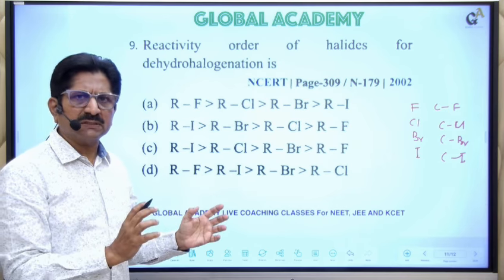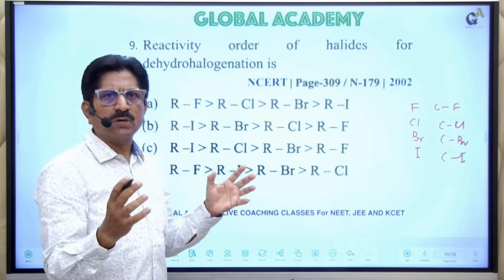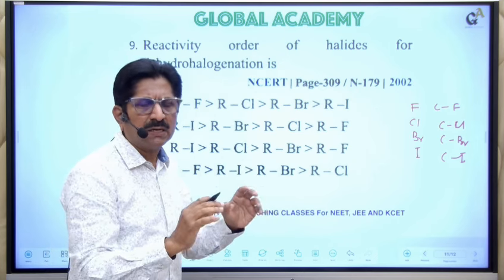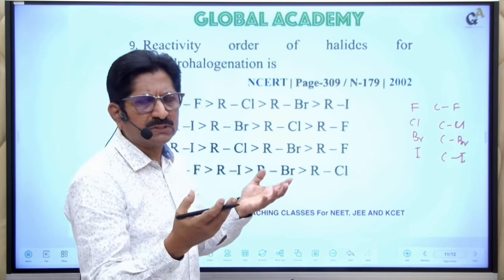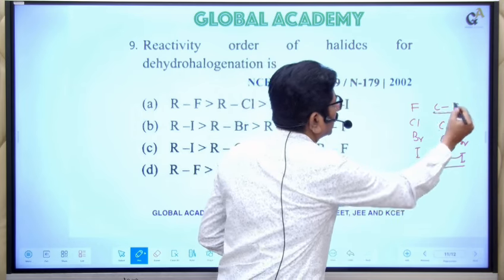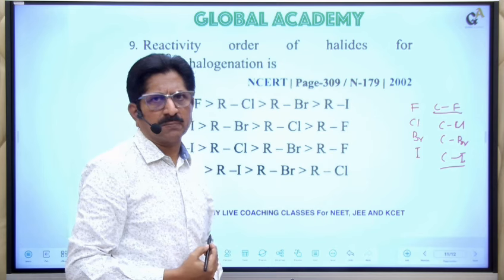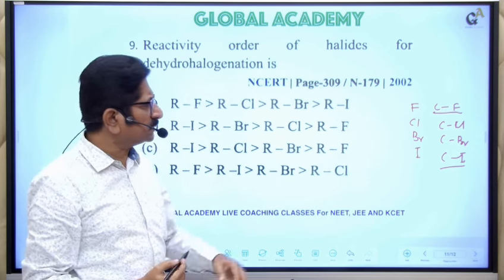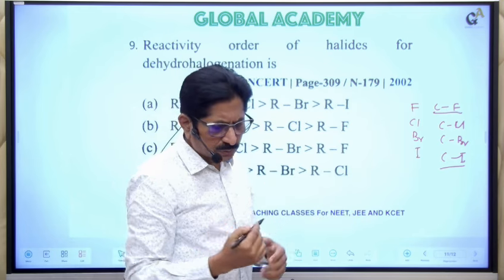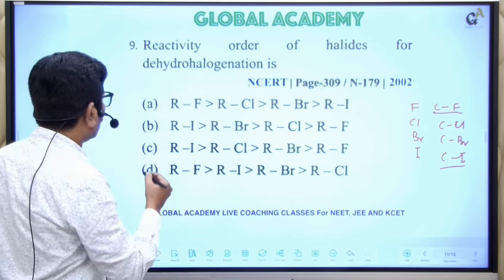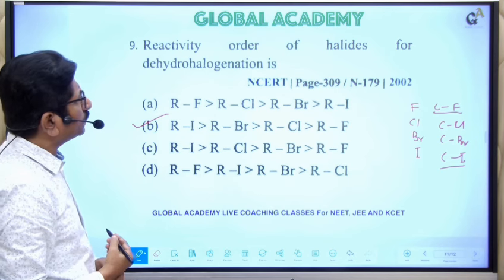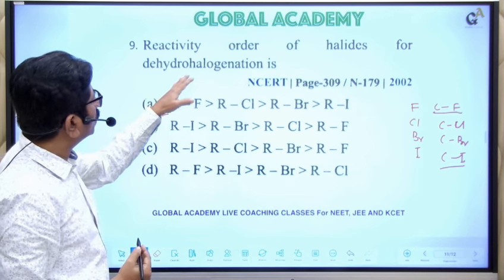Because the bond length is more, the bond enthalpy required is less for this compound compared to the fluoride compounds. Because of that reason, the C-I bond is more reactive, and hence option B is the right option for dehydrohalogenation.